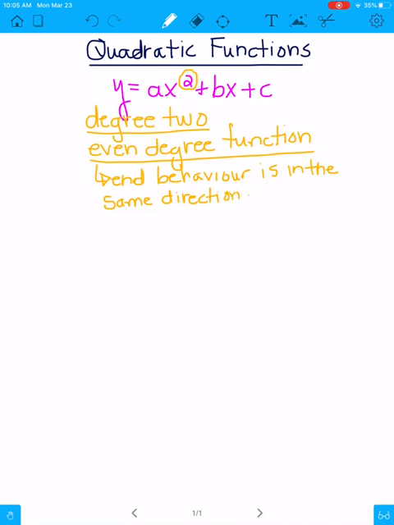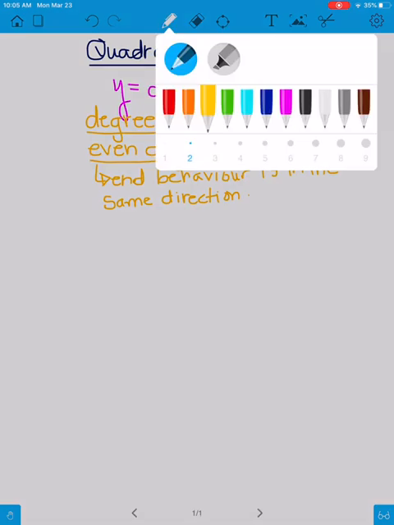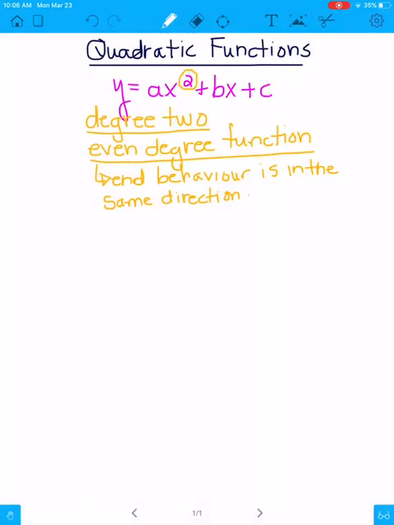What else we need to know is that we have this a at the front, which is still our leading coefficient. That didn't change.